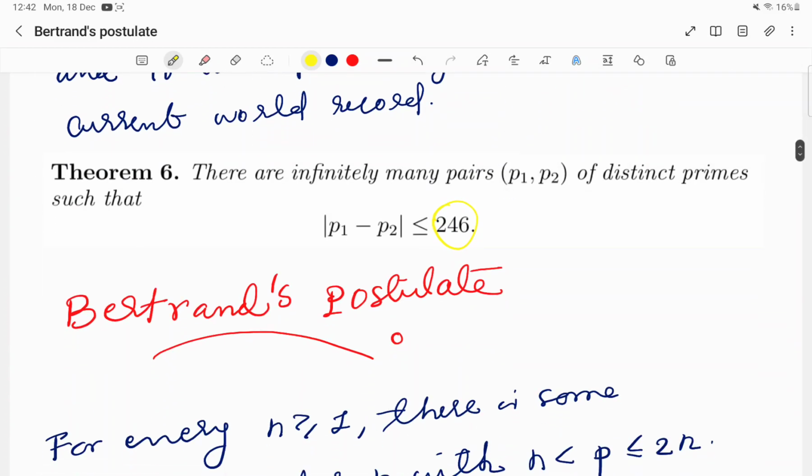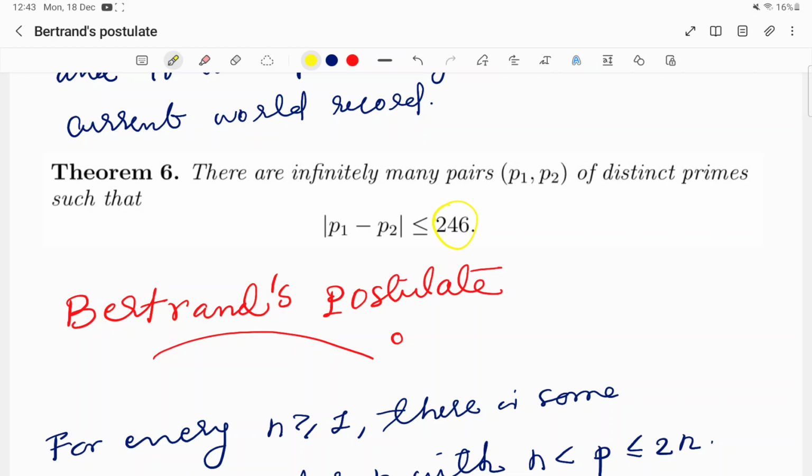Why am I interested in these gaps? Because Bertrand's postulate is maybe the first result which is talking about gaps. Bertrand's postulate tells that whenever you start with a number, suppose you start with a prime p, the next prime cannot be more than p distance away.